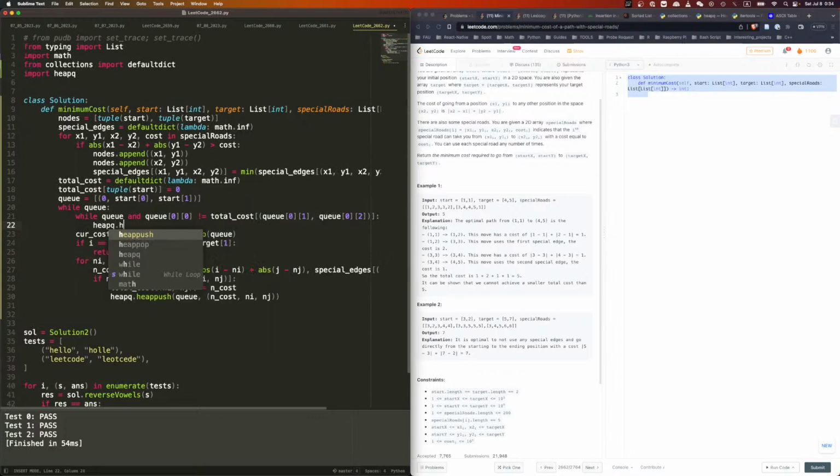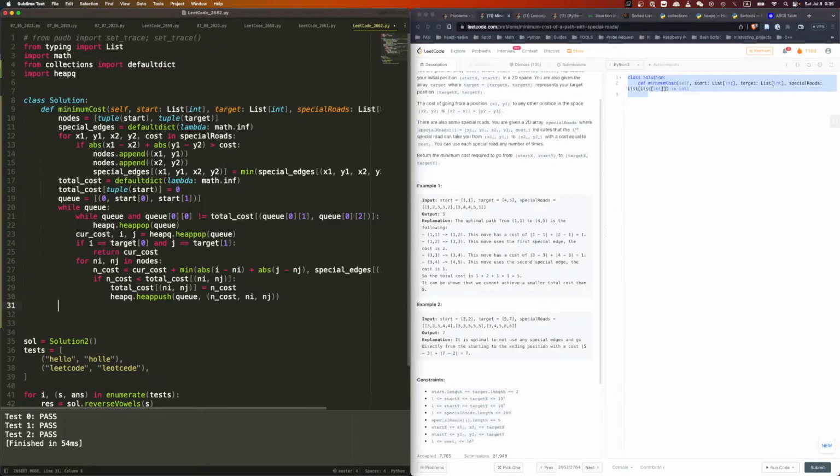So I say heapq.heappop it until it's equal. So if it's, I just say larger than. No, it should be not equal, because these two need to track each other. So if it's not equal, then we pop. All right, if it's equal, then we do this. And yeah, that's it.